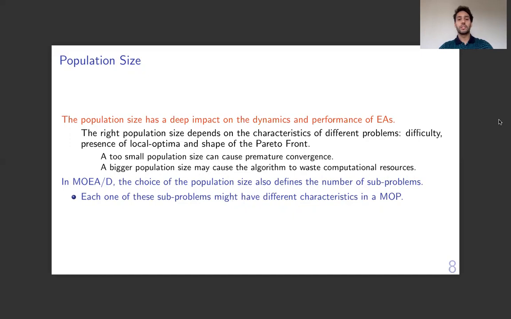A population size that is too small can cause premature convergence. However, a population size that is too big may cause the algorithm to waste computational resources. Specifically, in MOEA/D, the choice of population size also defines the number of subproblems, and each one of these subproblems might have different characteristics in a multi-objective problem.